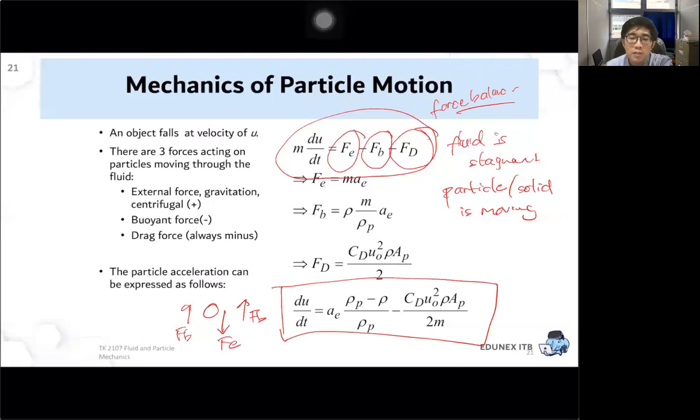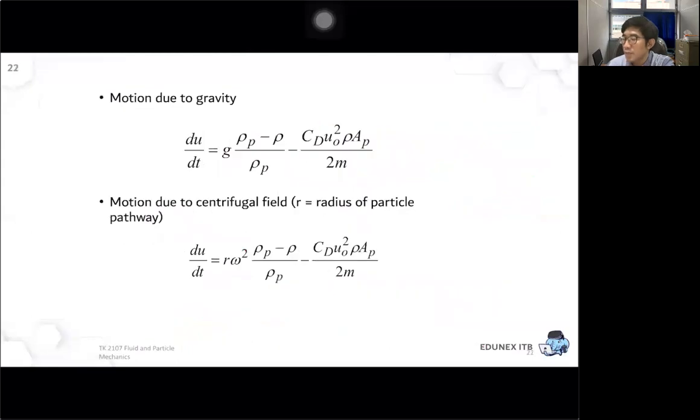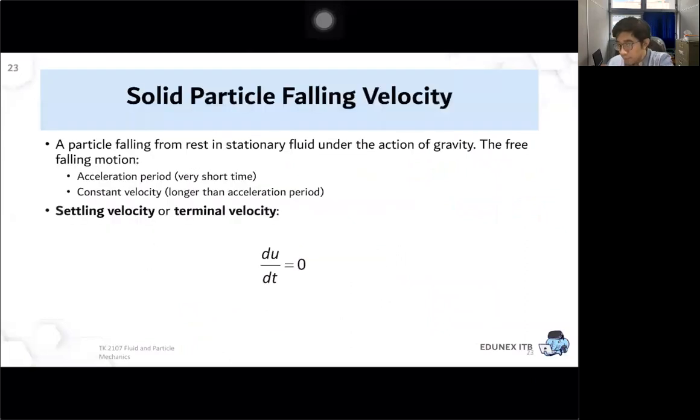So from this force balance, you can derive the accumulation of velocity, or the change of velocity with time. Then from the change of velocity with time, this one if it's the gravity, and this one is for the centrifugal field, you may calculate what we call the settling velocity or terminal velocity.